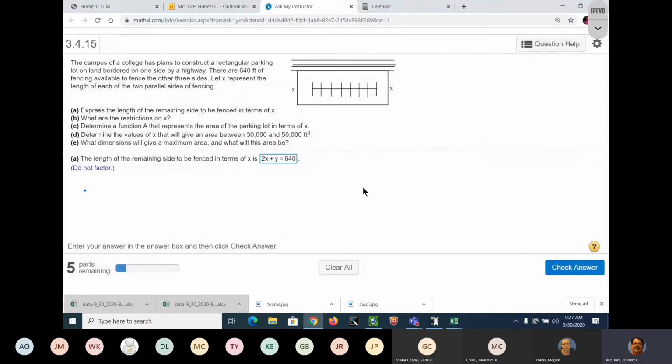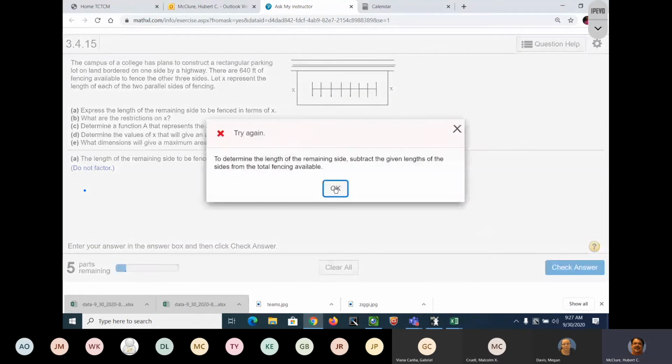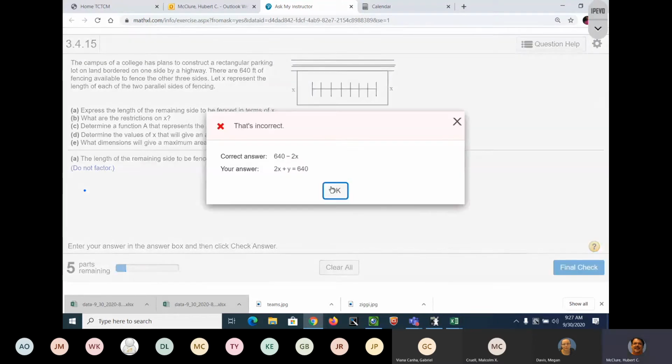Let's see what they put. Okay, they solve for y basically. That's fine. So W is equal to 640 minus 2x.